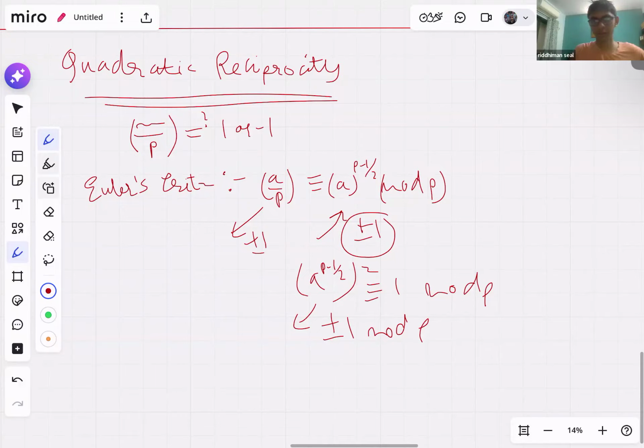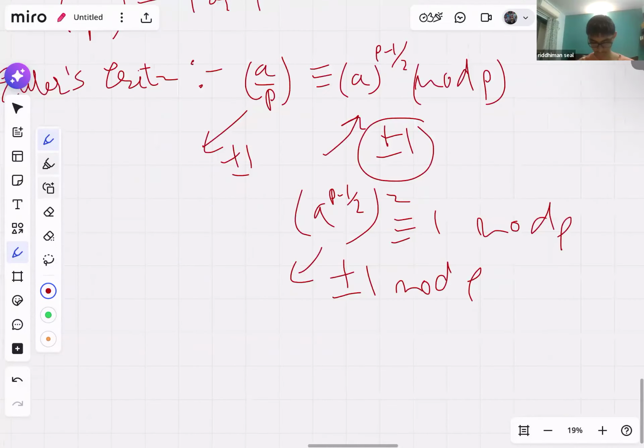Okay, let's see. Do you have any ideas? I think you could use the primitive roots again. Yes, that's correct. You just use primitive roots.